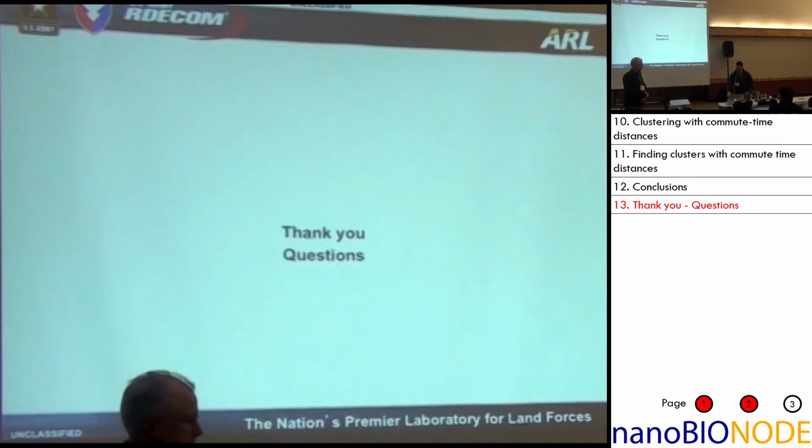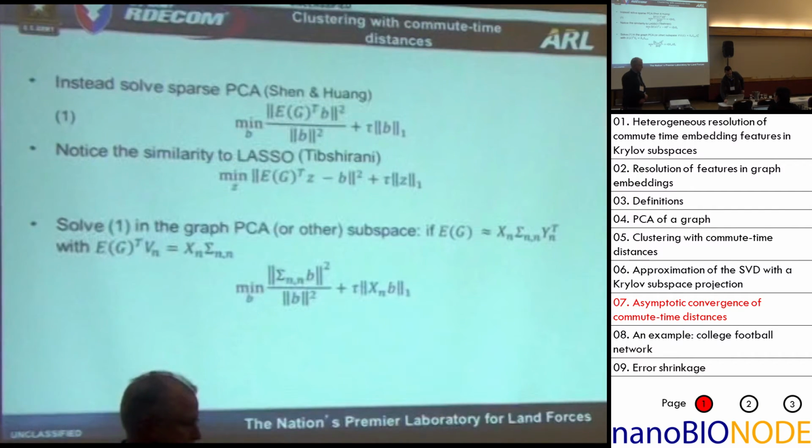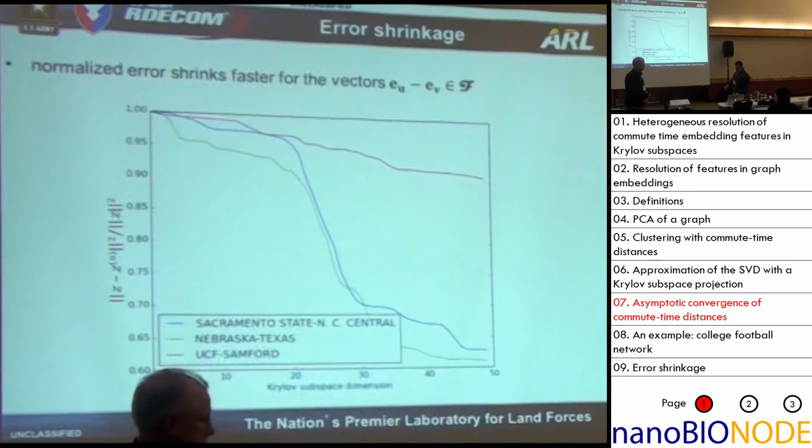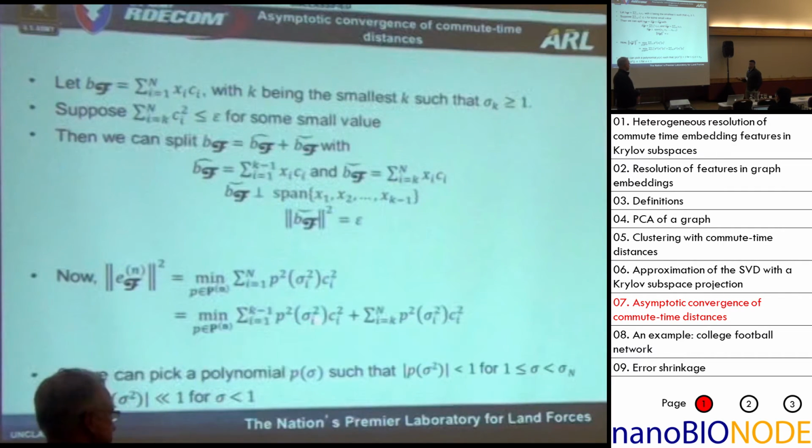Okay, yeah, so for long distances, let me just pull up this expansion, even though this isn't directly the quantity we're going to look at. The value that gives you commute time distance is just going to be this expansion, but replace this polynomial with the function which gives you the reciprocal of the singular value.